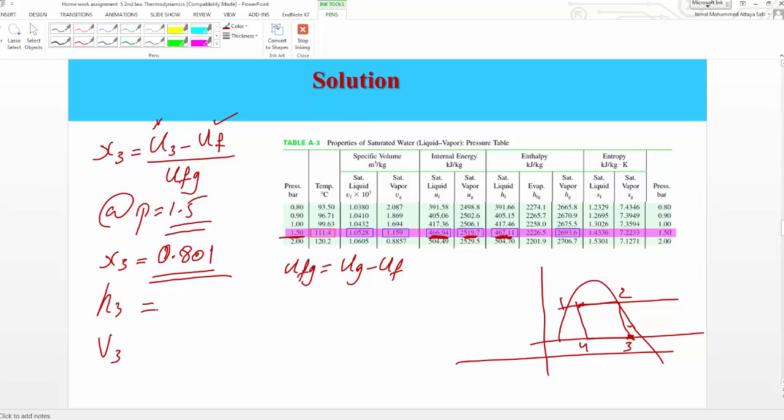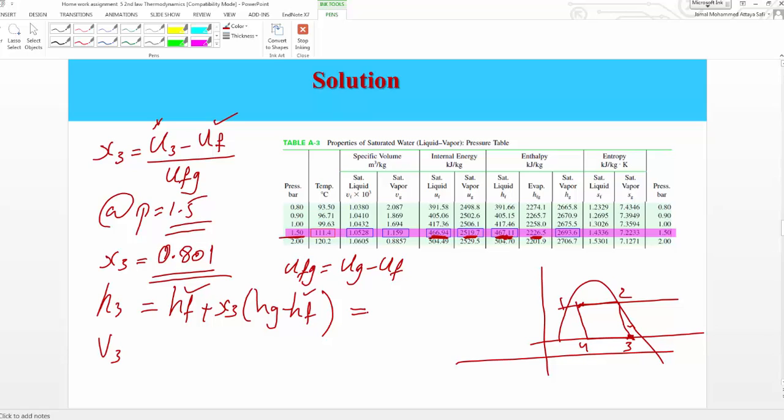So that x3 can help me, of course, to find h3 and v3. So h3 in this case will be hf plus x3 times hg minus hf. I have all of them from the table. This is hf, and this is hfg. So if you do this, you will find H3.